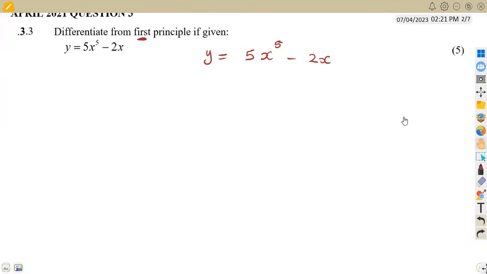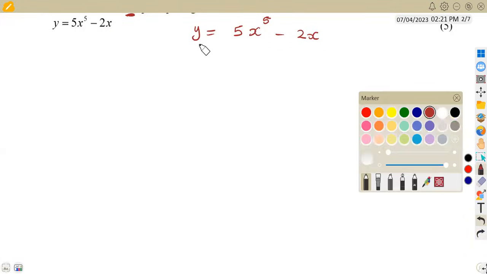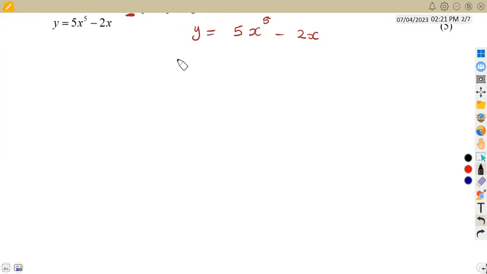All right, so this is what is going to happen, guys. Remember, I said y representing f of x can be written in this case as f of x is equal to the function, this part that has got x, which is 5x to the exponent of 5 minus 2x. All right, so this is our f of x.